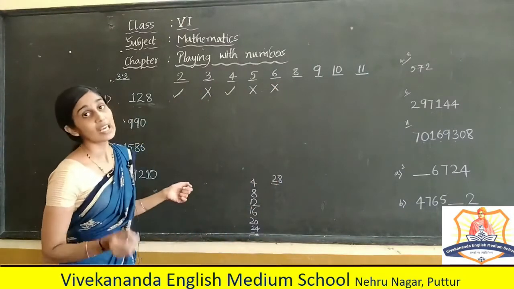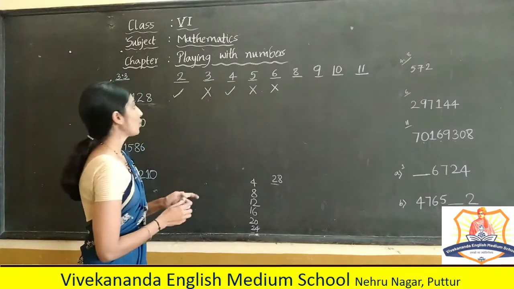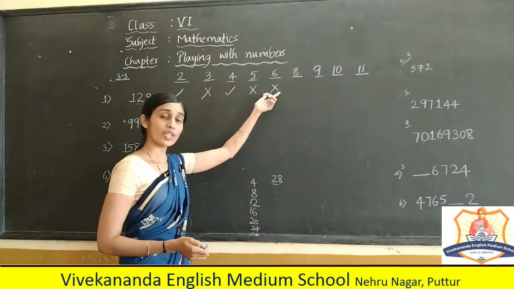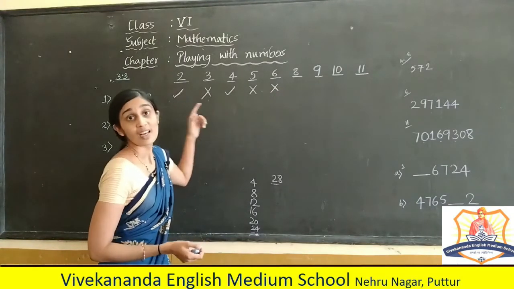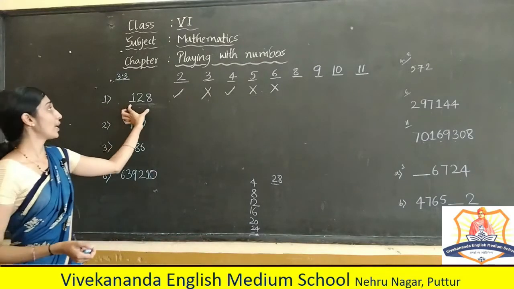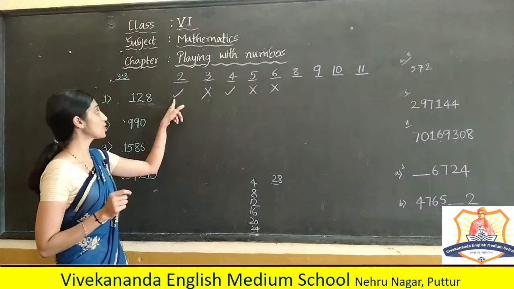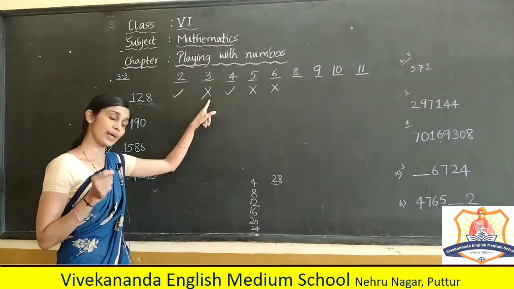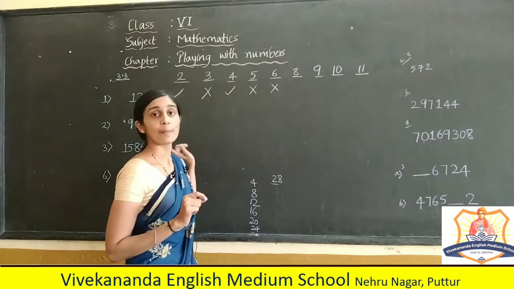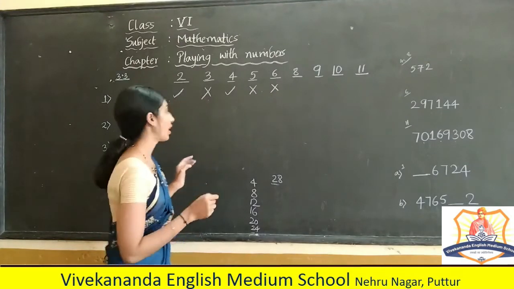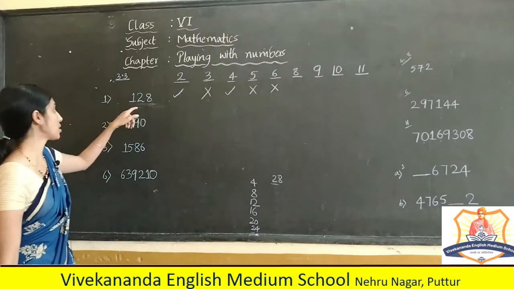We are getting a fraction or decimal number here. So what is the divisibility test for the number 6? That is, if the given number is divisible by both 2 and 3, then only we can say that the given number is divisible by 6. Otherwise, we cannot. I hope you have understood.